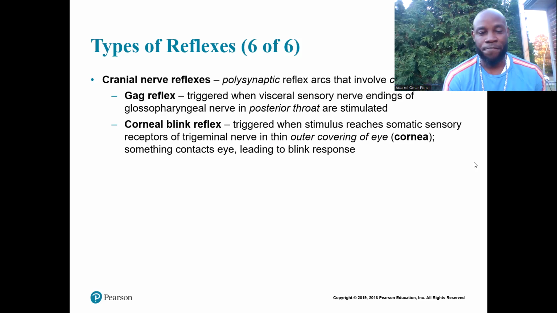The blink reflex: if a piece of dust gets into your eye, it triggers the somatic sensory receptors of the trigeminal nerve, and you naturally blink. That's the corneal blink reflex. The gag reflex is protecting you from swallowing something that you don't want to swallow. The corneal blink reflex is protecting your eye from something getting into it.